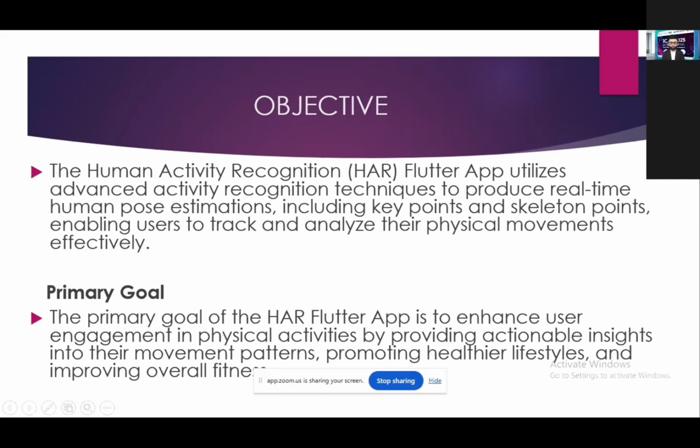The Flutter app utilizes advanced activity recognition techniques to produce real-time human pose estimation, including key points and skeleton points, enabling the user to track and analyze their physical movements effectively, and providing actionable insight into movement patterns, promoting a healthier lifestyle and improving overall fitness.